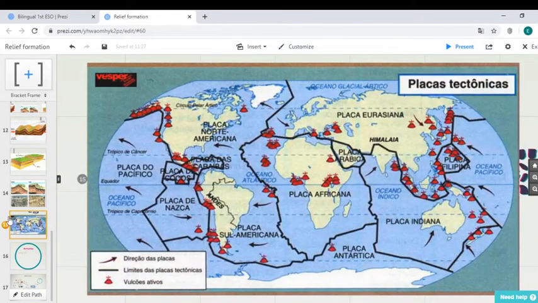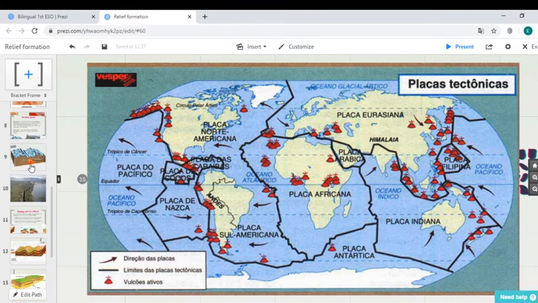It is not random that this volcanic activity, shown in one of those red triangles, is located just in the boundaries between plates, as it is shown here. So for example, the collision between the Pacific plate and the North American plate will cause the formation of the Rocky Mountains, as well as volcanic activity.